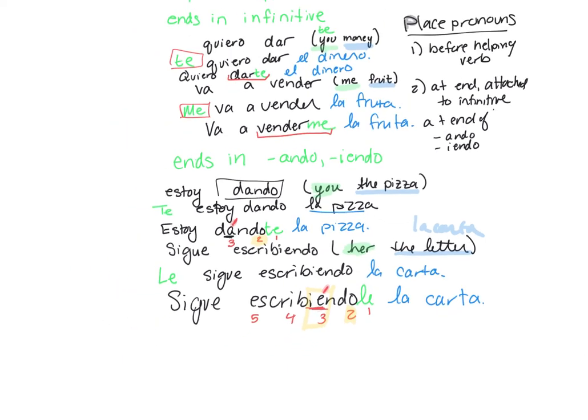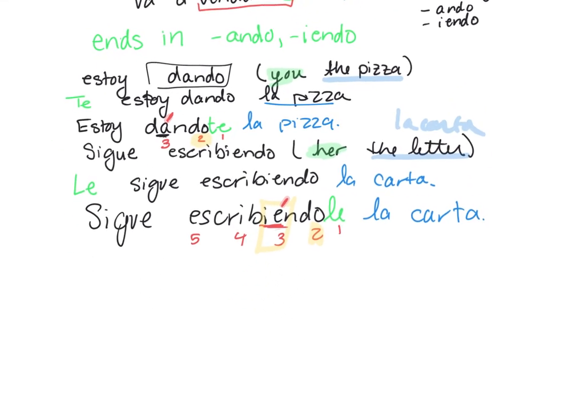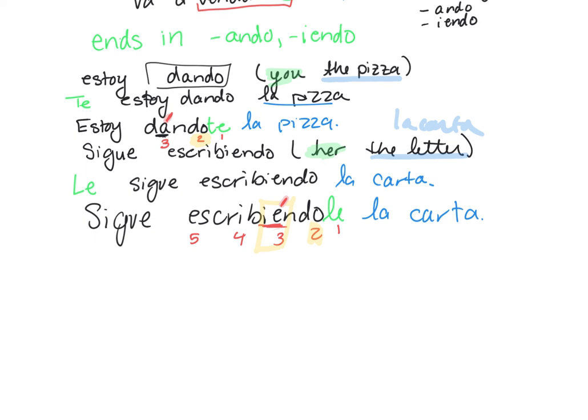Okay, so 2 options. When you put your indirect object pronoun before your helping verb, you don't need to worry about upsetting the balance. When you decide instead to add it on the end of your present participle, the ando or the endo, you have to add an accent, okay?